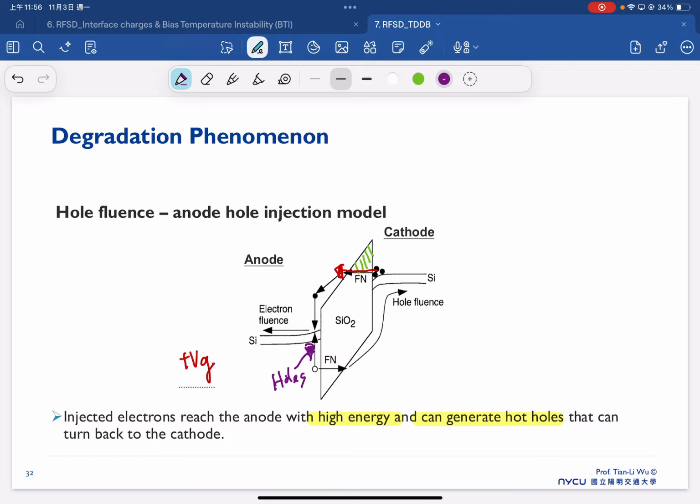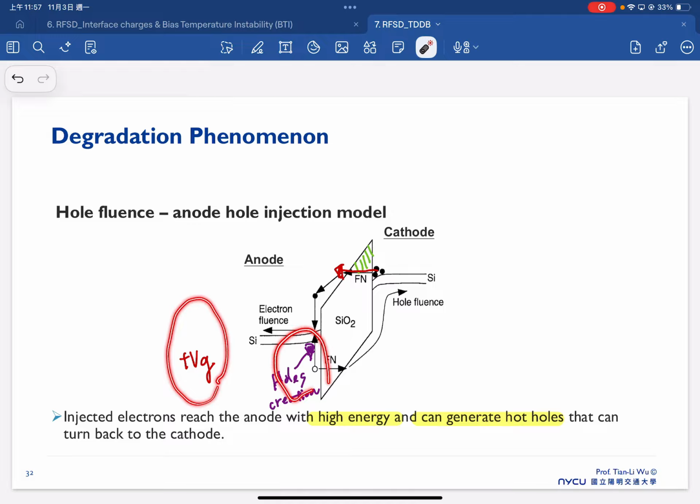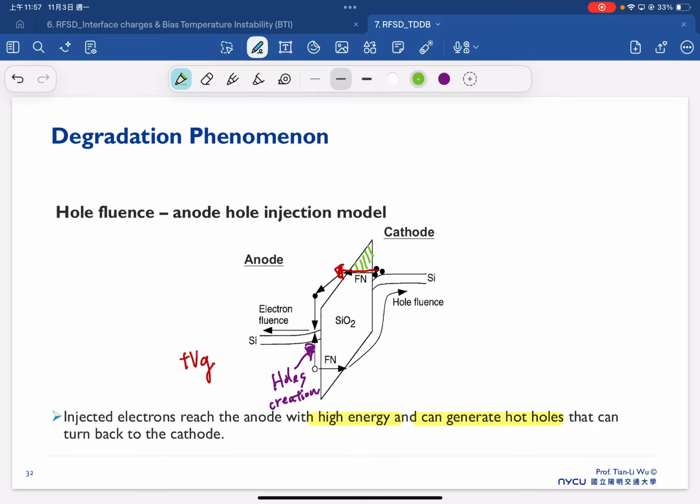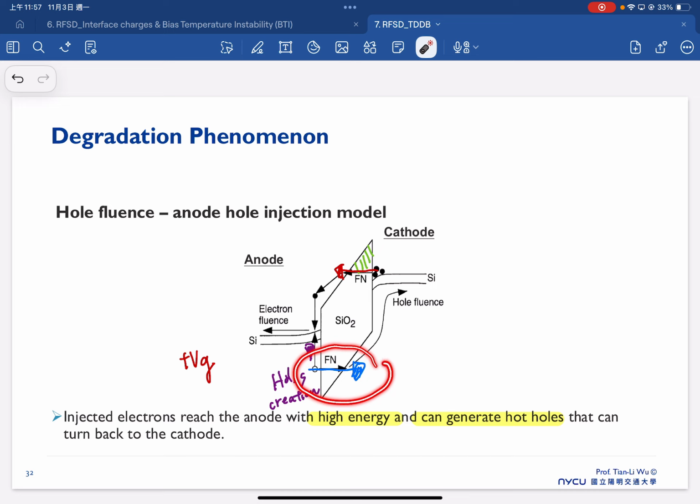The hole creation. And this is a positive voltage, right? So we have lots of holes. Holes can also tunnel back through FN tunneling, back to the other side. And this part is the reason for damaging the dielectric.